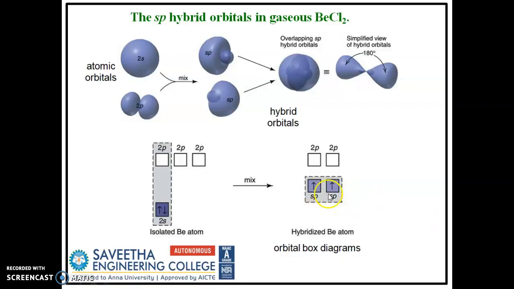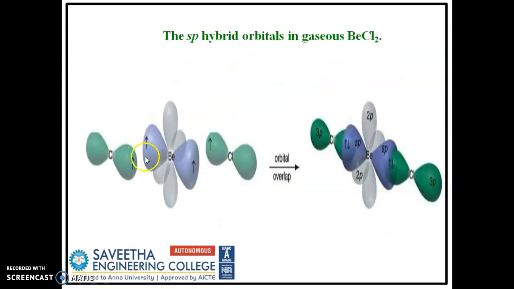These sp hybrid orbitals overlap with the half-filled p orbitals of chlorine atoms, forming two sigma bonds. The next picture clearly shows the two sp orbitals mixing with the p orbitals of chlorine, forming the BeCl2 molecule.